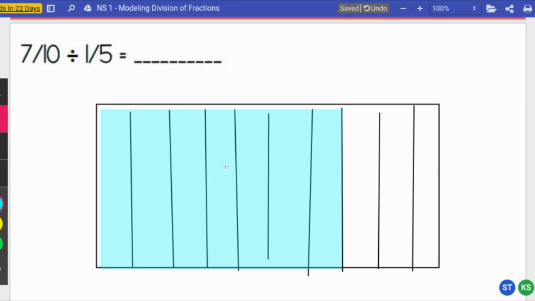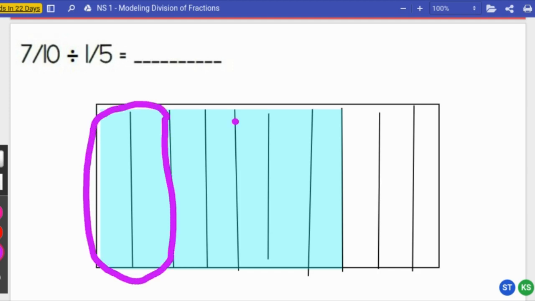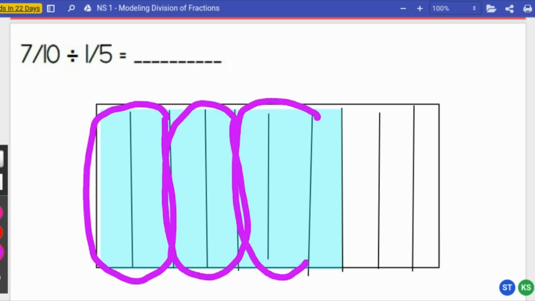I'm already dealing in tenths, so it's really hard to count off in fifths. But if I use an equivalent fraction and say that 1/5 is the same as 2/10, then it makes it a little bit easier for me to count off. So I'm going to count off in groups of 2/10. Each of these is 1/10. So here's a group of 2/10, and here's a group of 2/10, and here's a group of 2/10.